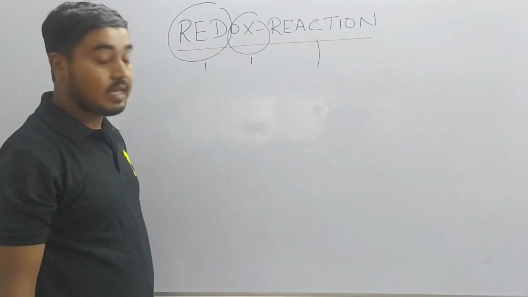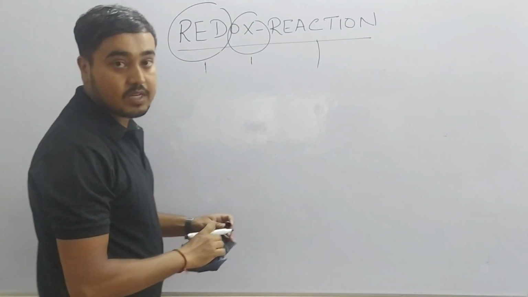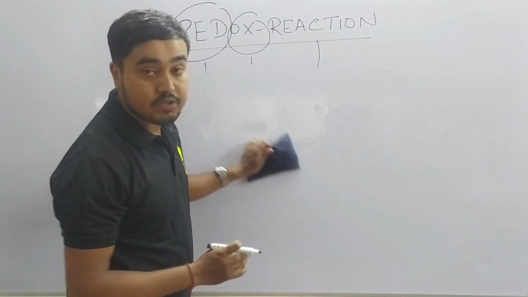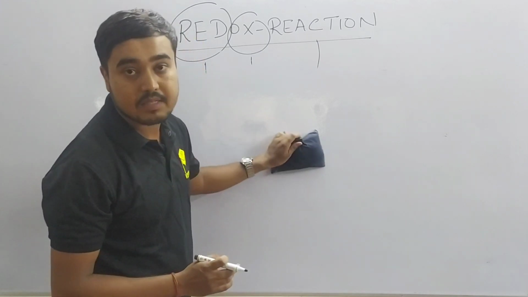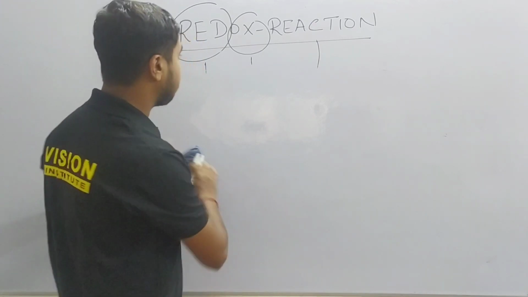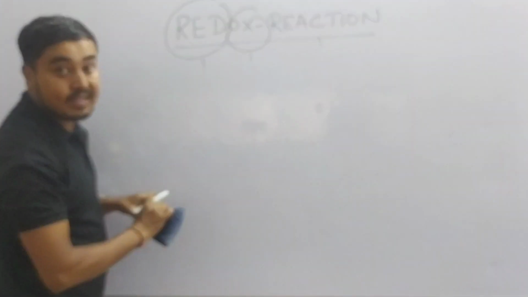about classical theory as well as electron transfer theory, and we will also try to understand oxidation numbers, how redox reaction helps us in calculating the oxidation number. So let us consider one example.